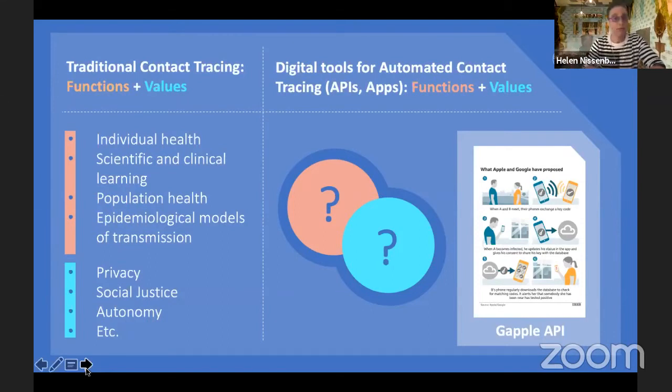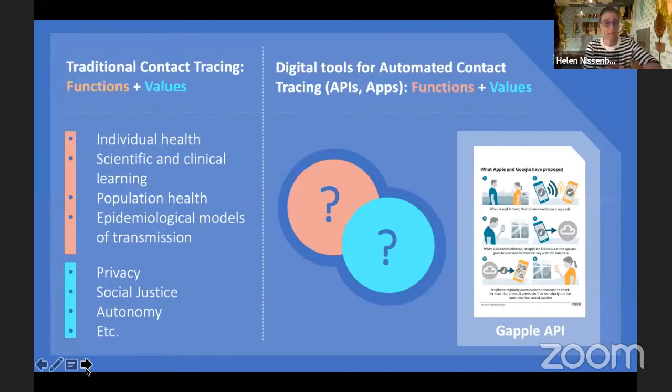What about population health? How do they affect our epidemiological models of transmission? How come the CDC is saying less than 6 feet, greater than 15 minutes? How did they come up with that? That's the kind of thing you can learn from, and you can keep updating your models as well.